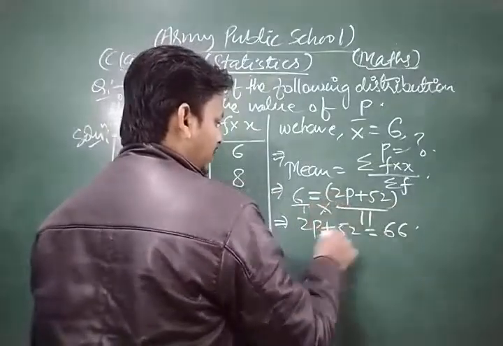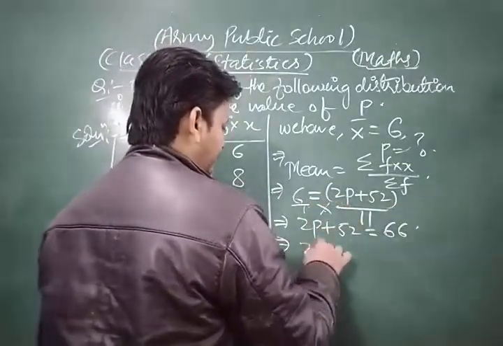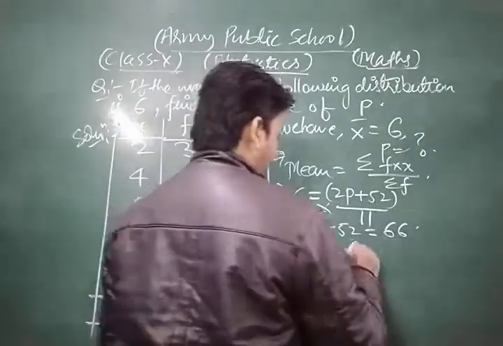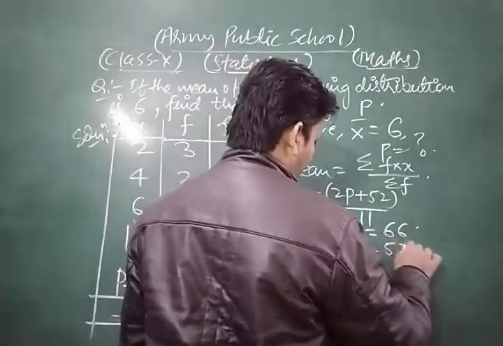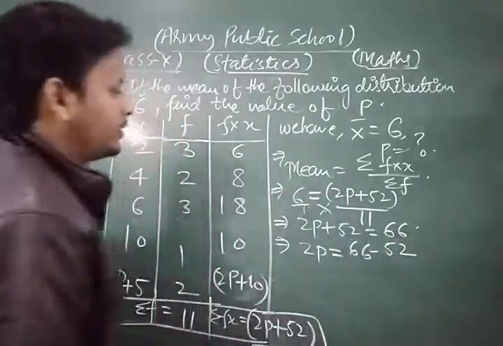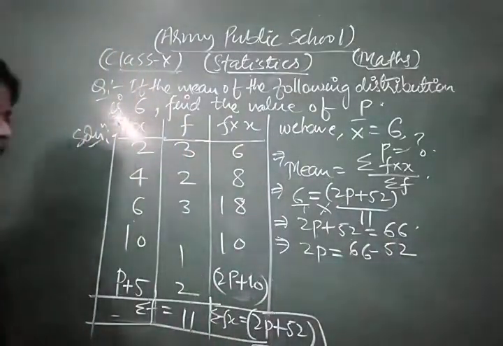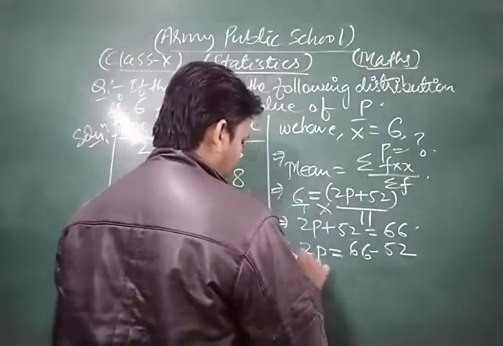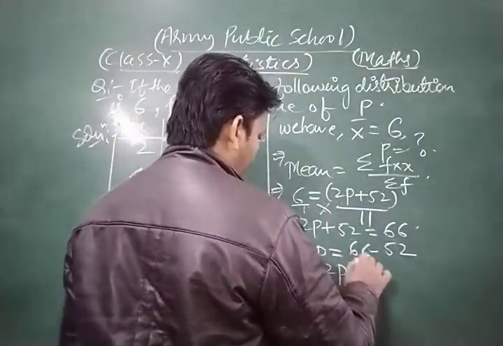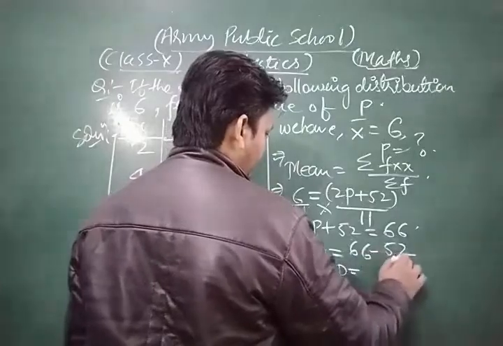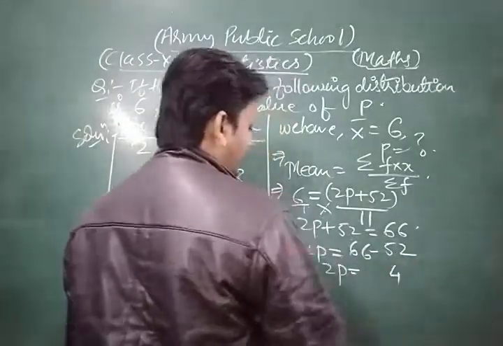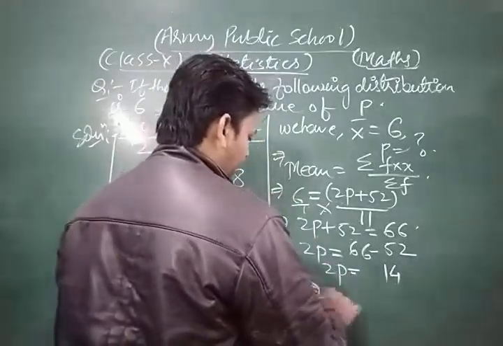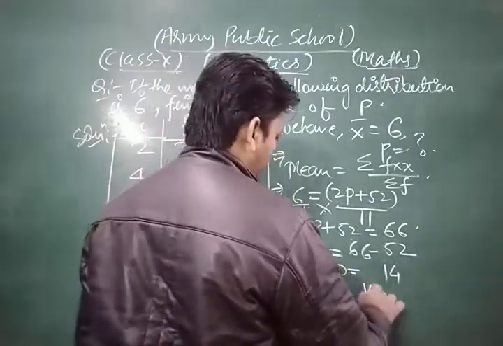This implies that 2p is equal to 66 minus 52. Now from there we get 2p is equal to 14.